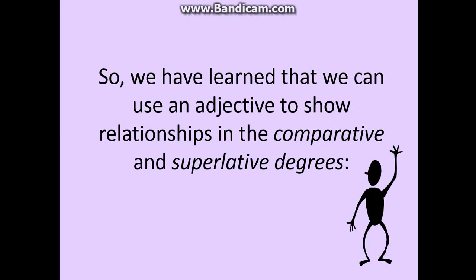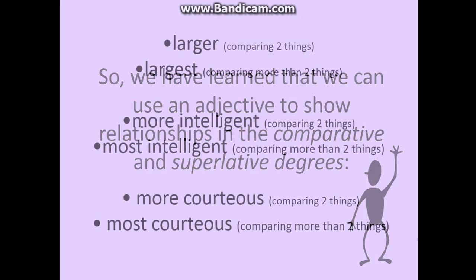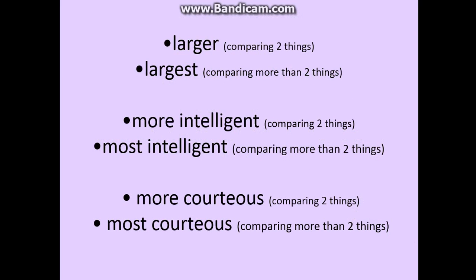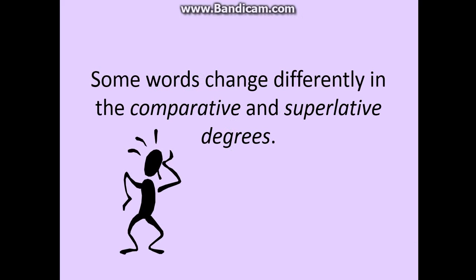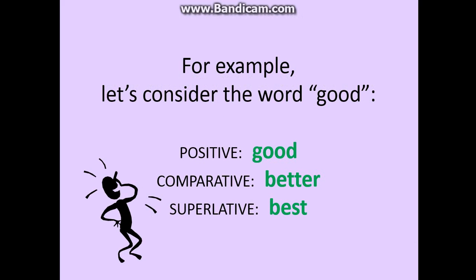So we have learned that we can use an adjective to show relationship in the comparative and superlative degree. Like many things in the English language, there are some exceptions. Some words change differently in the comparative and superlative degree. For example, the word good. In the positive, we say good.